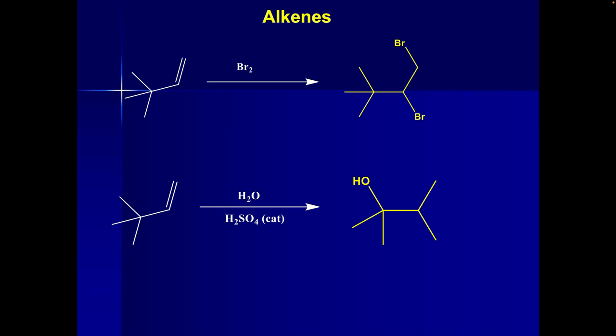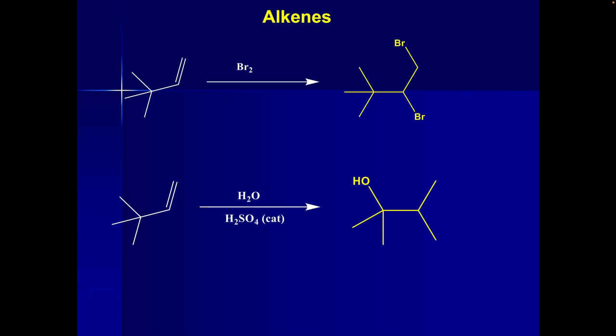Okay, the double bond is gone, but it was gone in the top one too, right? So we're doing an addition, but something else happened here. The angles changed. Okay, that's fair enough. What else? We added a line.